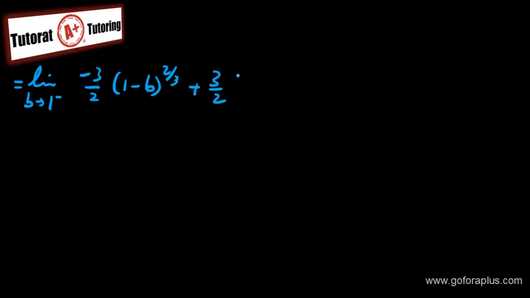So I have limit of b approaching 1 from the left of minus 3 over 2 times (1 minus b) to the power of 2/3, subtract, plugging in the value 0: subtracting minus 3/2 becomes plus 3/2 times (1 minus 0) to the 2/3.